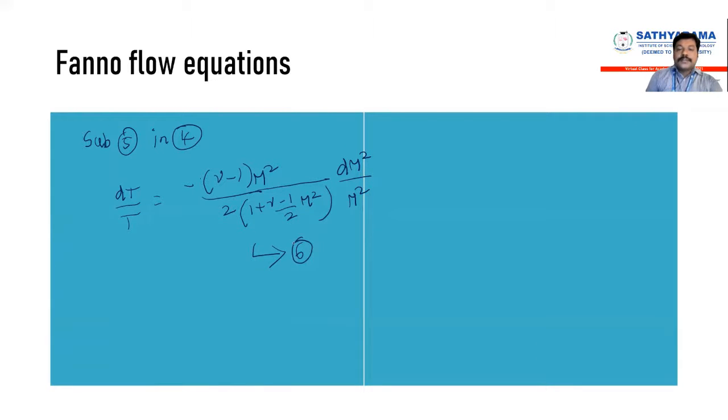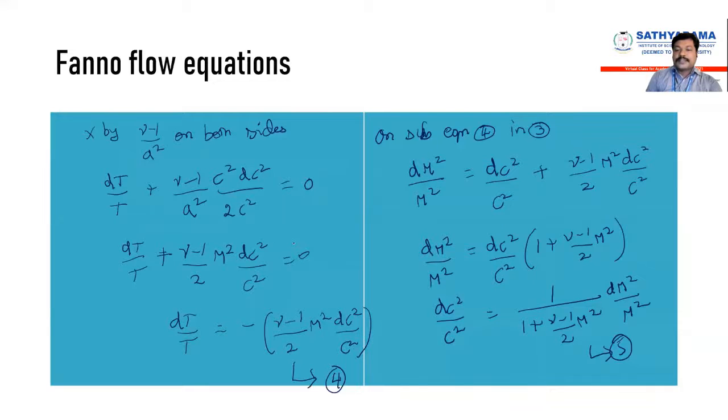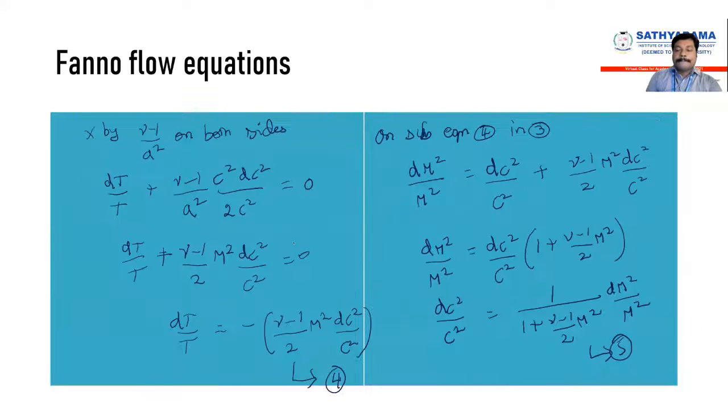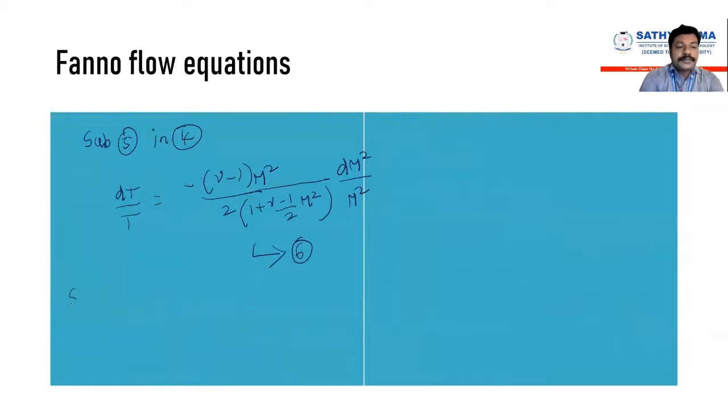And then I had told you that we can also substitute this dc square by c square in equation number 1, in order to find the value of d rho by rho. So substitute equation number 5 in 1. What we get: d rho by rho is equal to minus of 1 divided by 2 into 1 plus gamma minus 1 divided by 2 M square, dM square by M square.